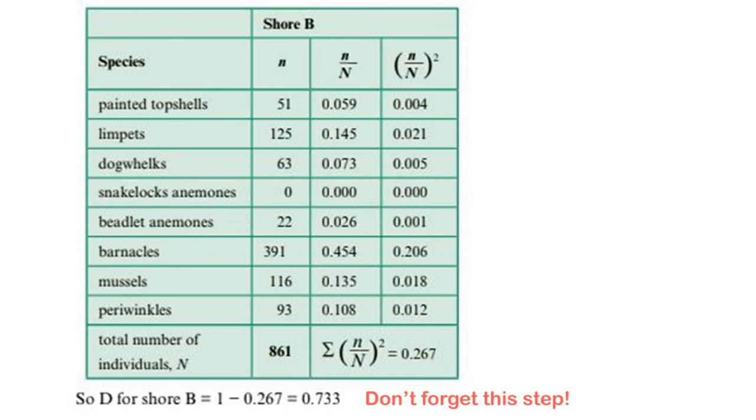And as I keep saying, do not forget this step here, take 0.267 away from 1, and then you will get the answer of 0.733. Now you'll see that this is now a little bit less than shore A. And it's probably due to our snakelocks anemones, and we didn't have any on shore B.